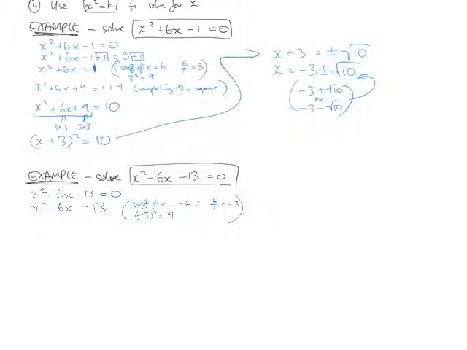So in this case, I again add 9. So it's going to be x squared take 6x add 9 is equal to 13, add 9 again. So x squared take 6x plus 9 is equal to, what's 13 plus 9? 22. And now we use perfect squares to factorize this side.